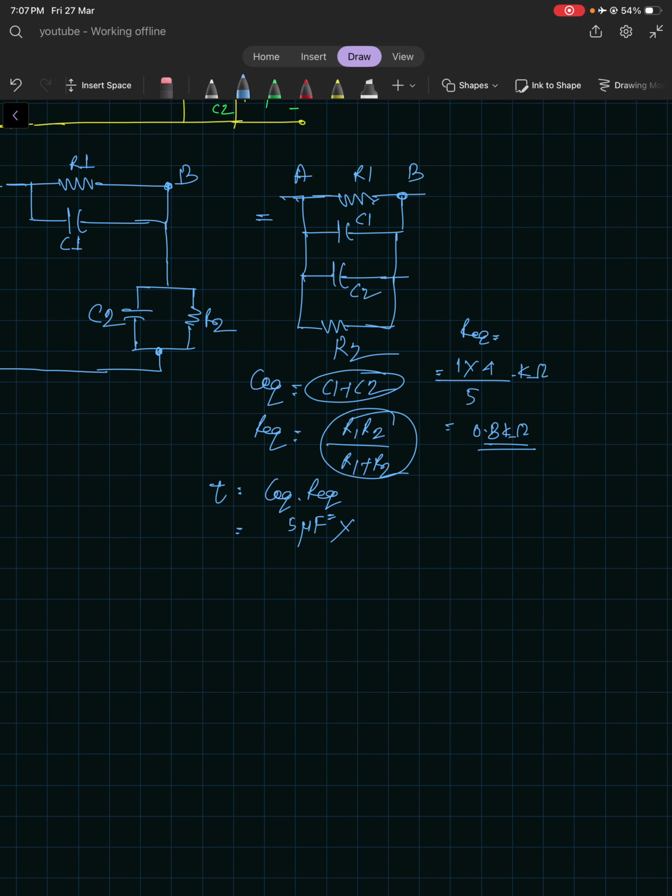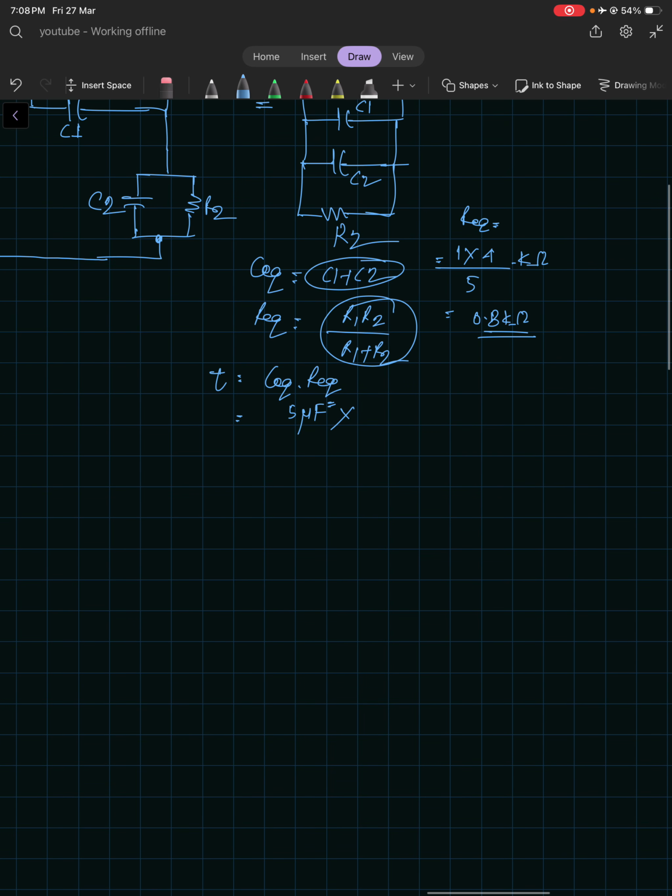It will be 0.8, since in parallel 1 and 4 will give less than 1. Okay, 0.8 kilo ohms. So 5 times 0.8 is 4, and micro and kilo is milli, so 4 milliseconds.